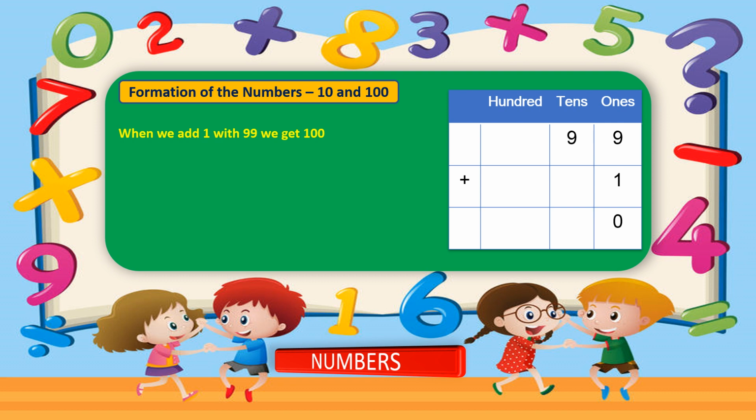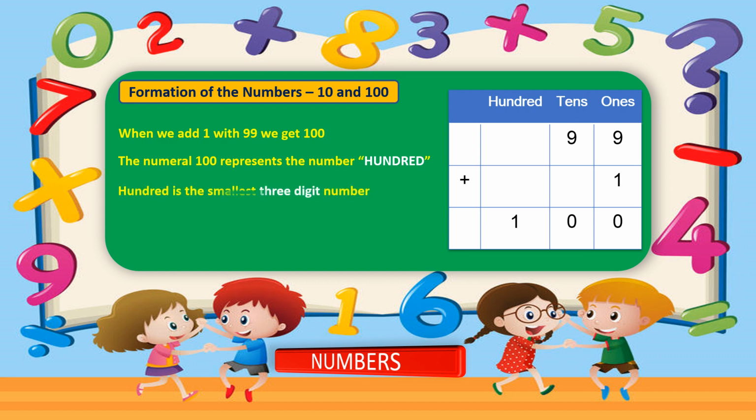So 99 plus 1 equal to 100. The numeral 100 represents the number 100. H U N D R E D, 100. 100 is the smallest three-digit number.